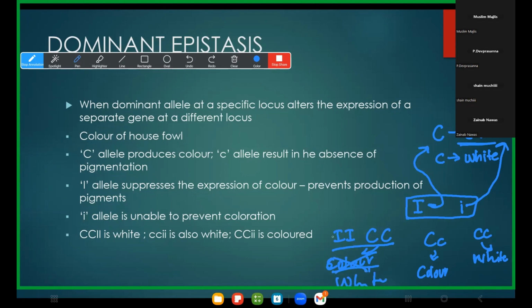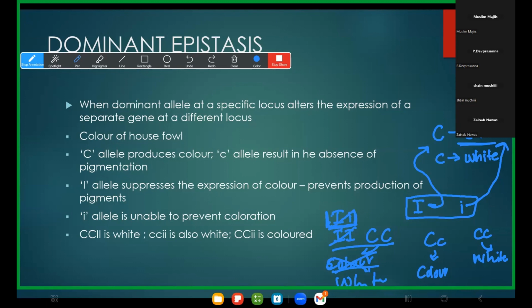If it was capital I and simple I with capital C's, again this would still be white. Why? For this gene, it is heterozygous dominant, so it would still express white color.